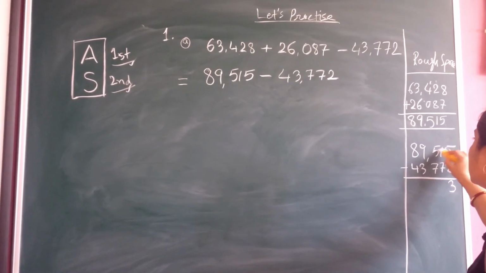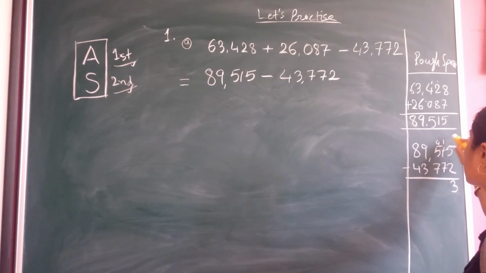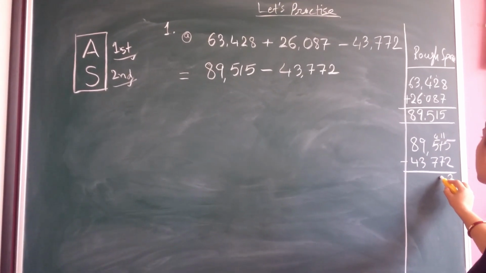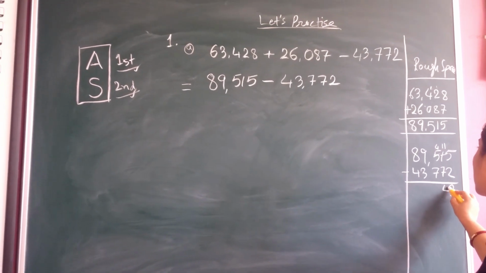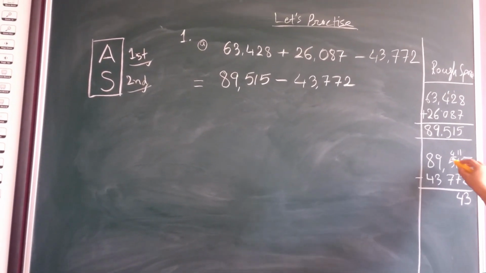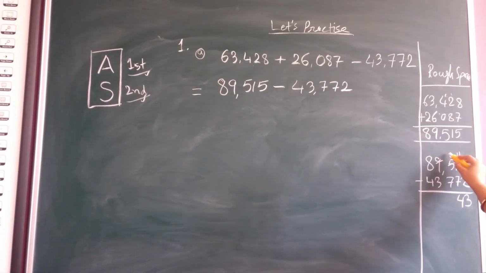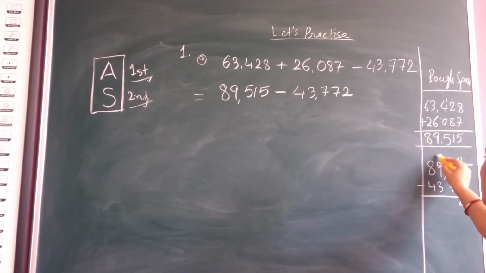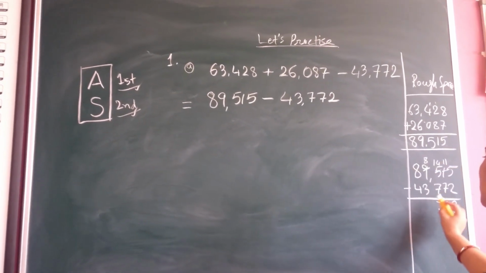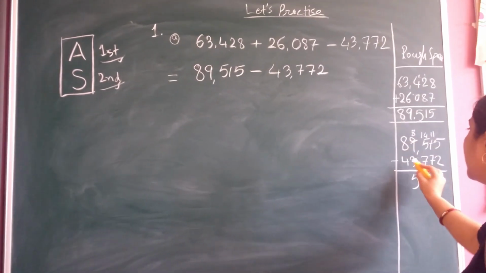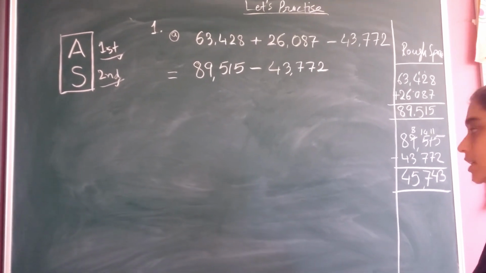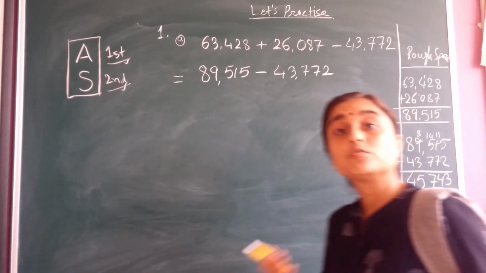Borrow 1. This becomes 4. This becomes 11. 11 minus 7 is 4. Then 4 minus 7 you cannot do. So you will borrow 1 again. It becomes 14, it becomes 8. 14 minus 7 is 7, and then 8 minus 3 is 5, and 8 minus 4 is 4. So it is 85,743.